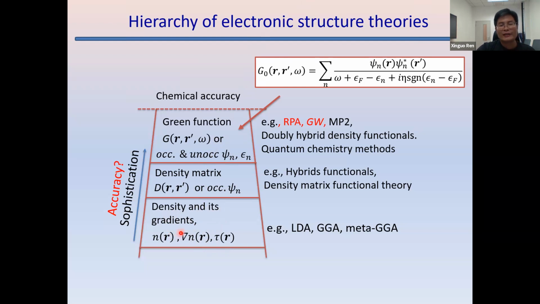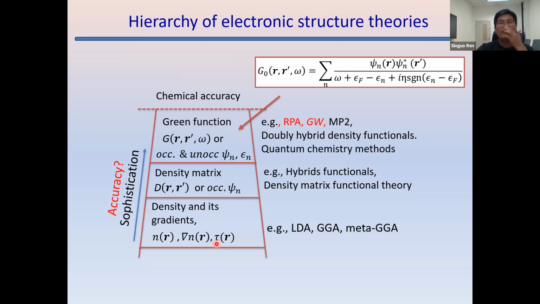In the first category, these methods only need the input of density or its gradients, including the gradient of density or kinetic energy density. For example, the first three rungs of the DFT ladder, including LDA, GGA, or meta-GGA, belong to this category.